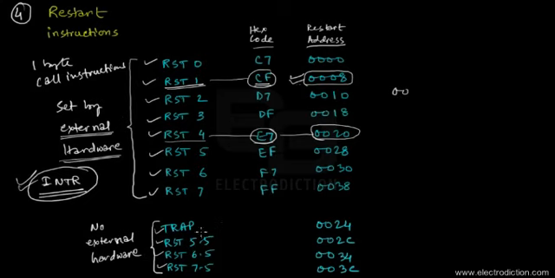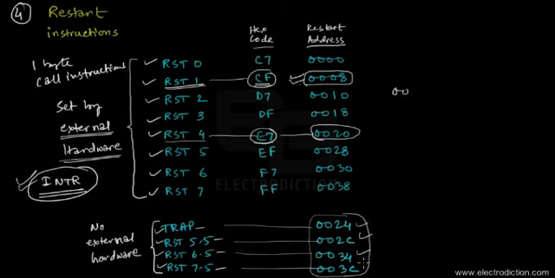Whenever an interrupt request comes onto any of these pins, the program control automatically gets directed to the corresponding restart address, so in a way they also execute a restart function.